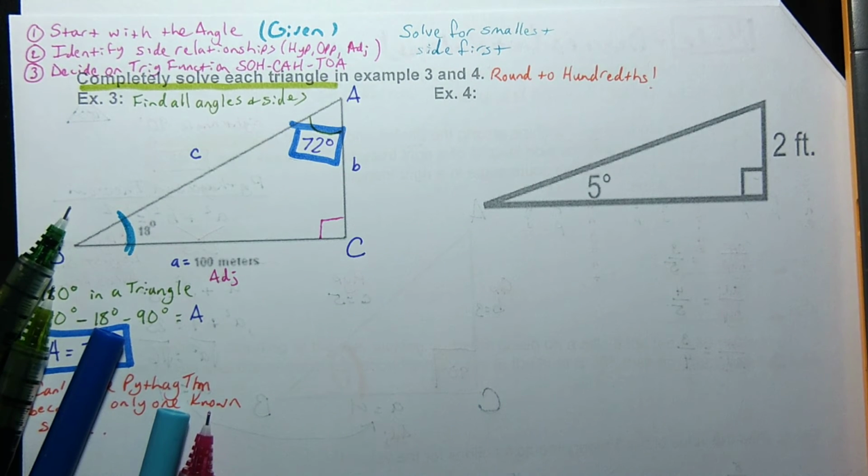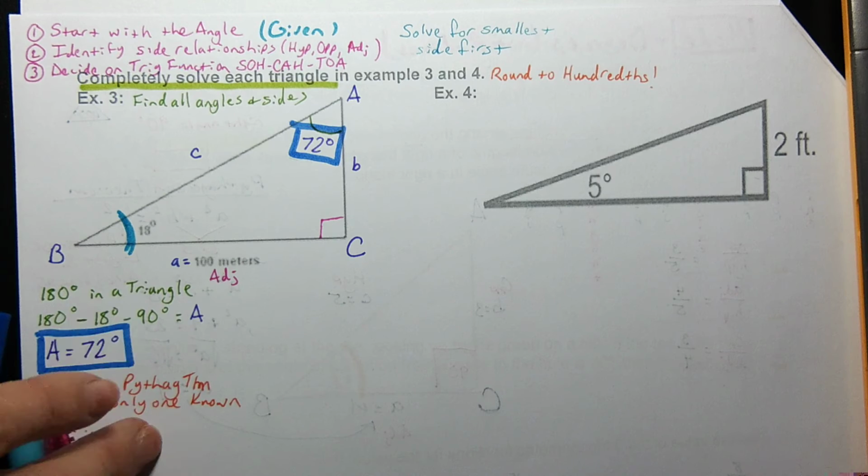This is a rule that comes into play in trig and pre-calc when you are solving non-right triangles, because your calculator only spits out acute angles, it's nothing that's really going to matter to us. So if you're like, oh my gosh, what if I don't solve for the small side first? It just means your answers are going to be a little bit off. They're not going to match up with what's on the answer key. So for consistency's sake on everything, we are always going to solve for the smallest side first.